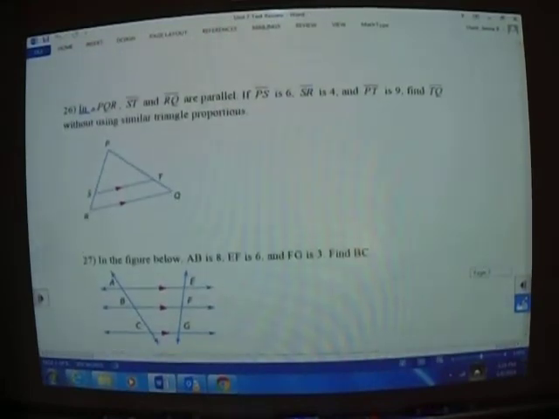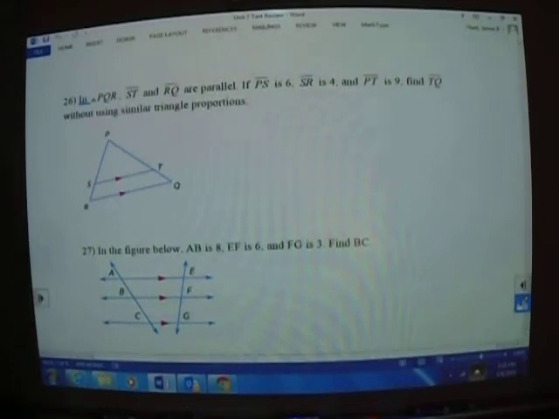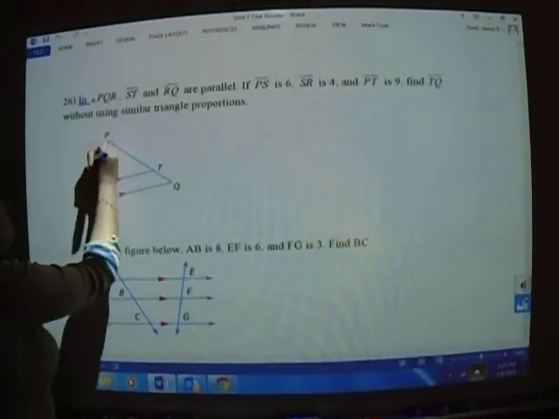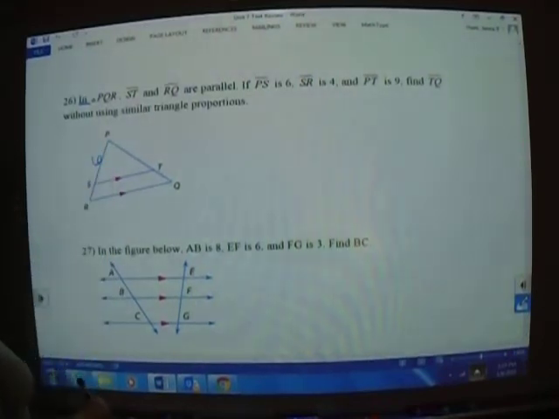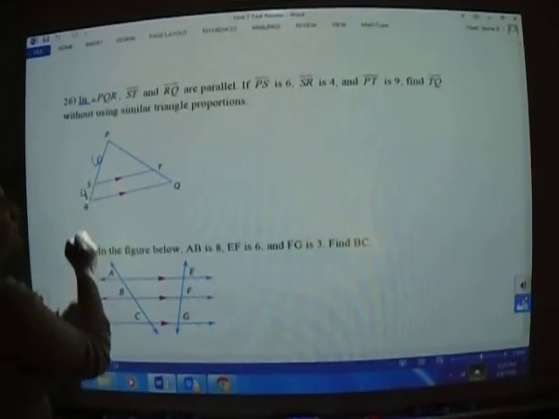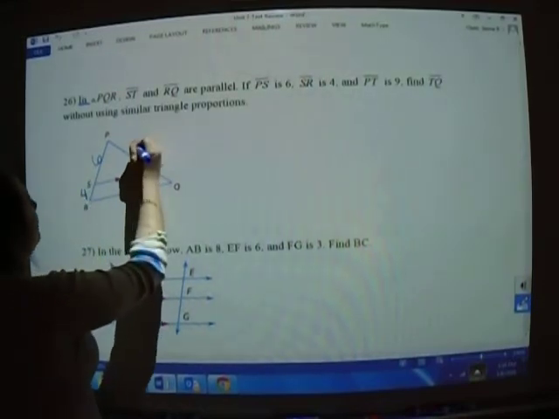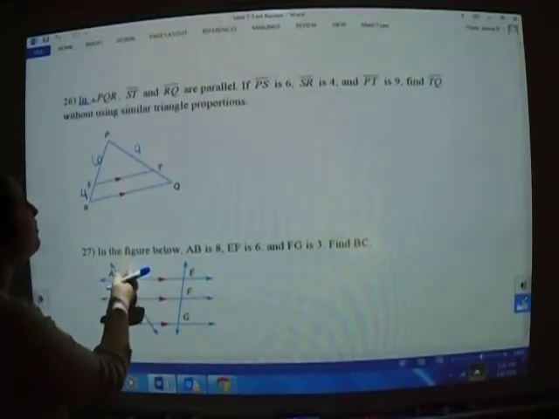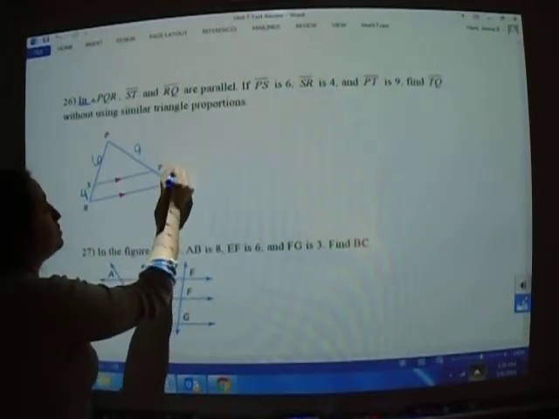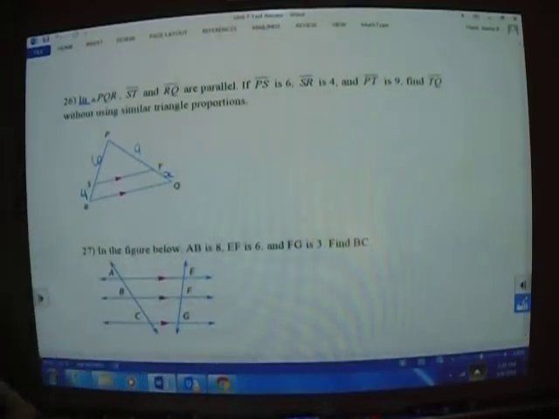Okay, number 26. In triangle PQR, ST and RQ are parallel. If PS is 6, SR is 4, PT is 9, find TQ, I'm just going to call this X, without using similar triangle proportions.